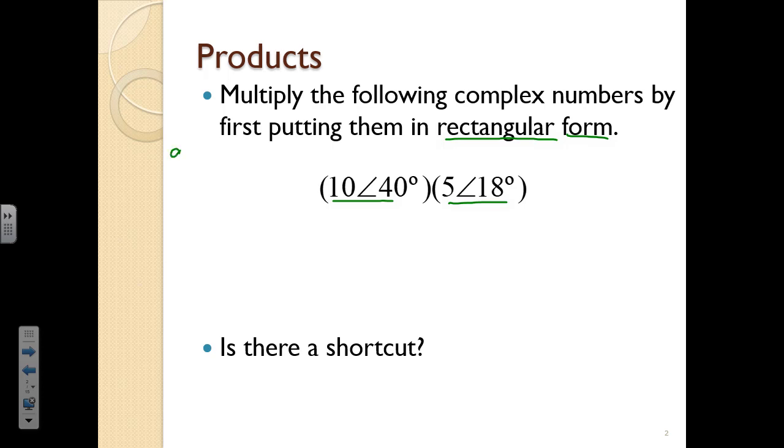We know that the a component here will be 10 times the cosine of 40 degrees, and the b component, the imaginary component, will be 10 times the sine of 40 degrees. And if you do that, 10 times the cosine of 40 degrees turns out to be 7.66, and 10 times the sine of 40 degrees turns out to be plus 6.43j.